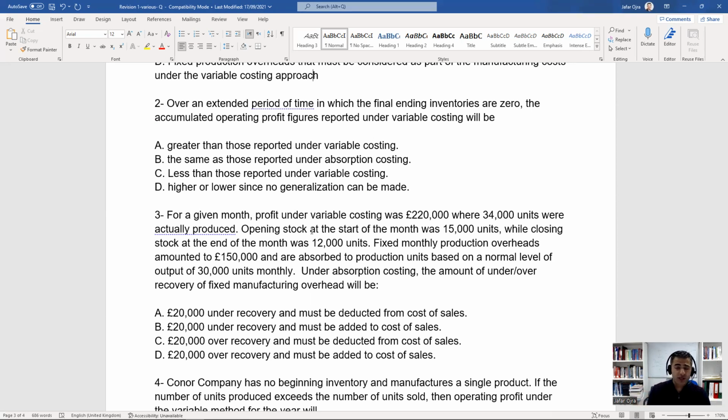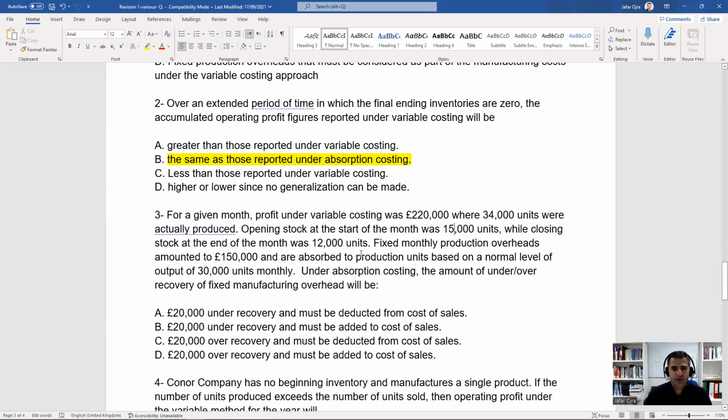There is a difference in profit. But if we accumulate the profit and at the end the closing inventory happens to be 0, this means the profit under the two methods will be the same. So I imagine the answer would be B.